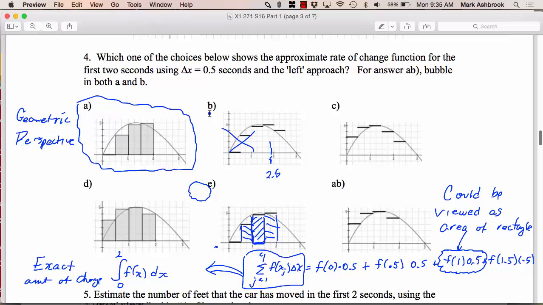From a geometric perspective, we remember that was a rate curve. But now it could be anything, if we're just talking about area. We're just talking about area on the graph.